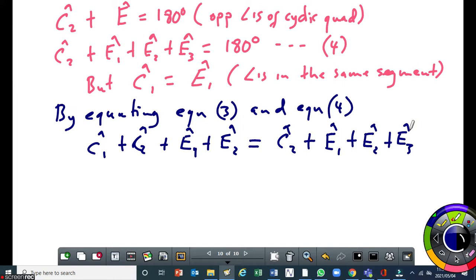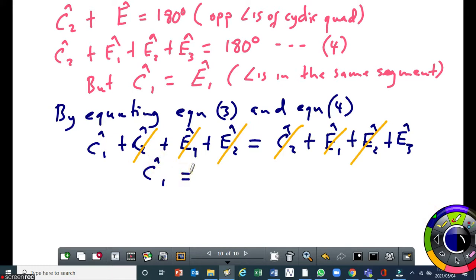Alright, now once you get here, I'm sure you can appreciate that C2 and C2 will cancel. E1 and E1 cancel. E2 and E2 cancel. Okay? C1. Then you have C1 equal to E3.